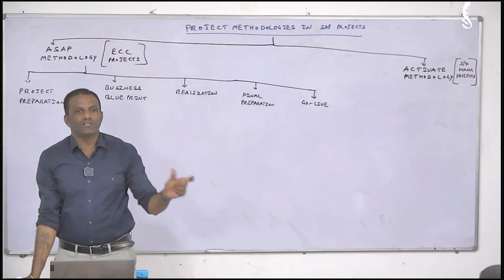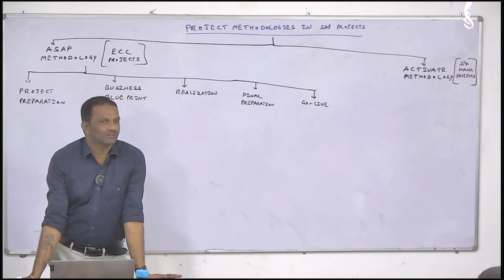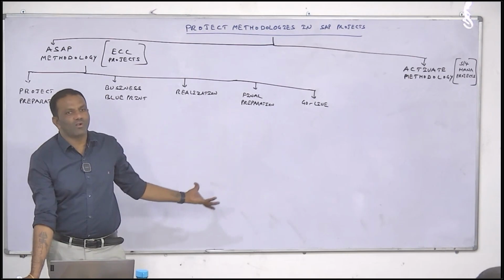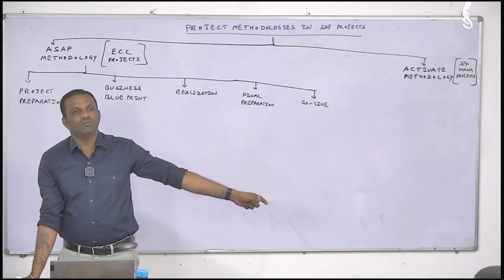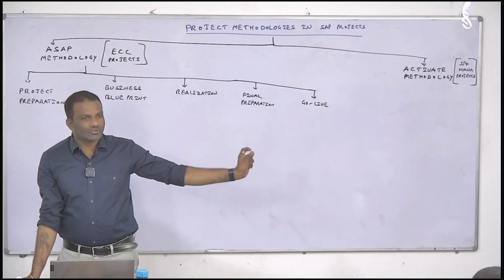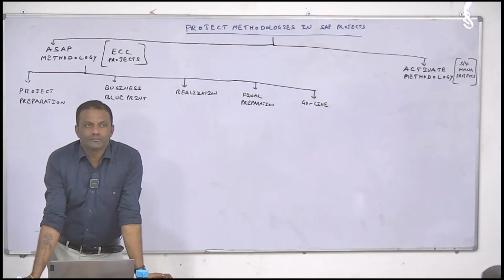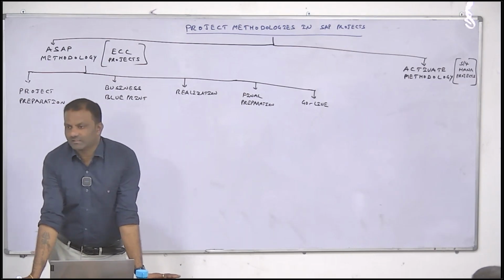But ultimately, what is my destination? Ameerpet. In the same way, whatever approaches you follow, ultimately we should design the system and hand it over to the client, because once we hand over, only then will the client start using the SAP application to record their day-to-day work. Hope you got my point.